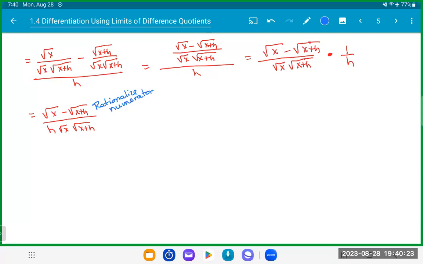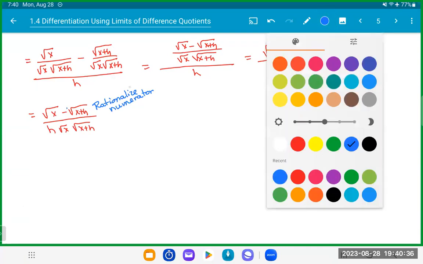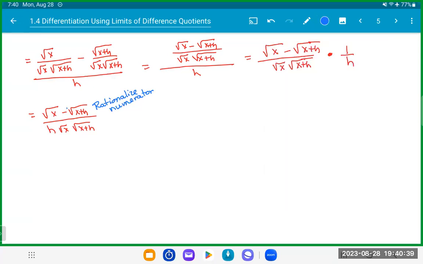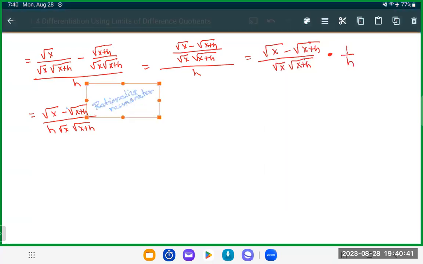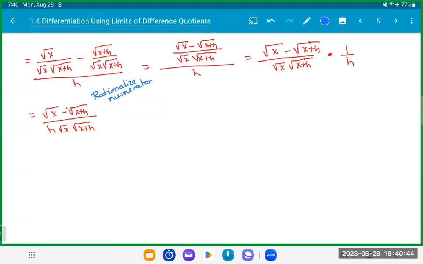So what does it mean to rationalize the numerator? In this case, I'm going to multiply by the opposite sign here. To rationalize that numerator, I'm going to multiply by the square root of x plus the square root of x plus h.